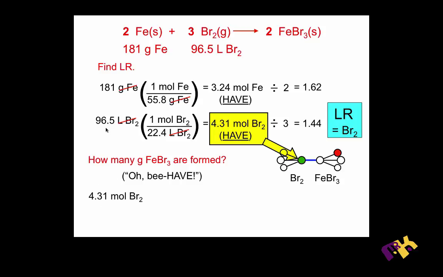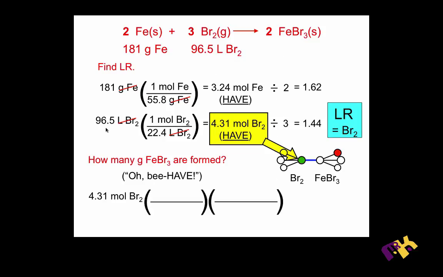So one thing to caution you about: sometimes students will confuse these two values, and they'll actually work with the comparative ratios. Try to remember that you use these only to find the limiting reactant. You don't work with these numbers anywhere else. Sometimes students will want to use this 1.44, and that's not going to get you anywhere. You need to go back to the amount that you actually have to work with.